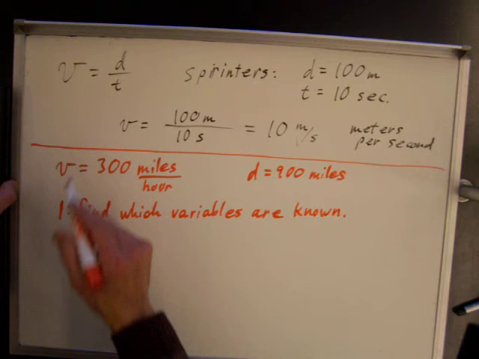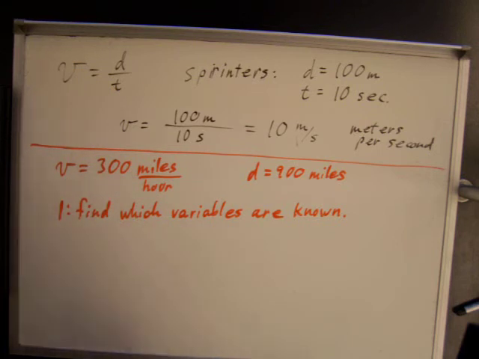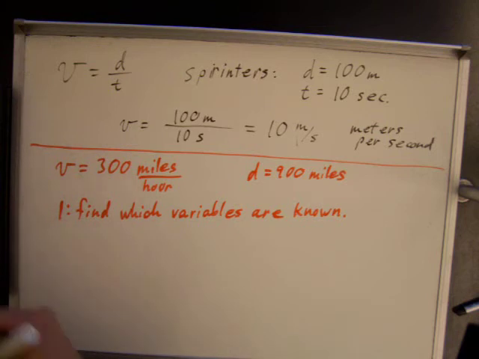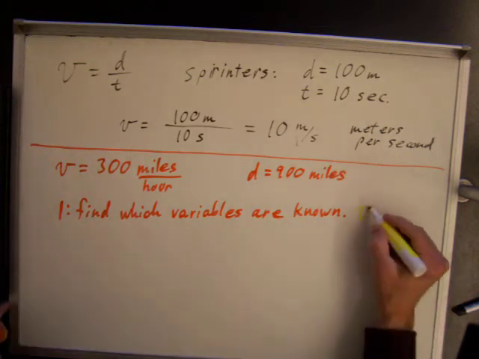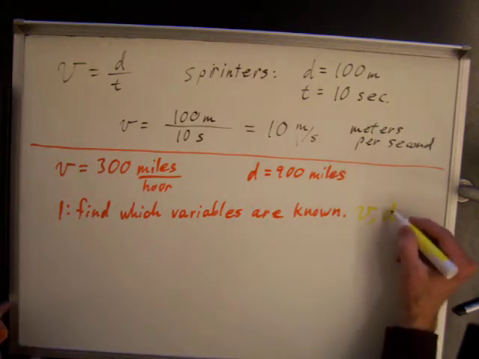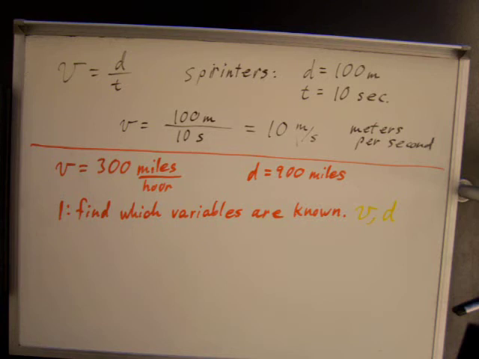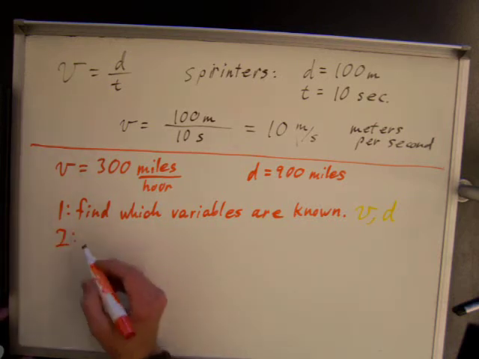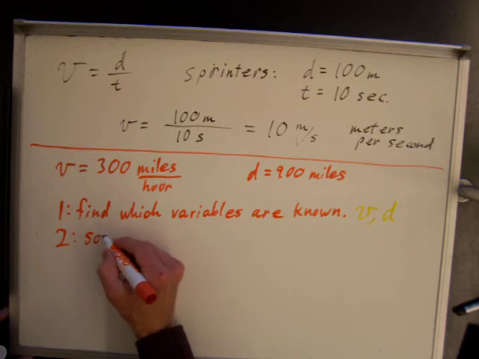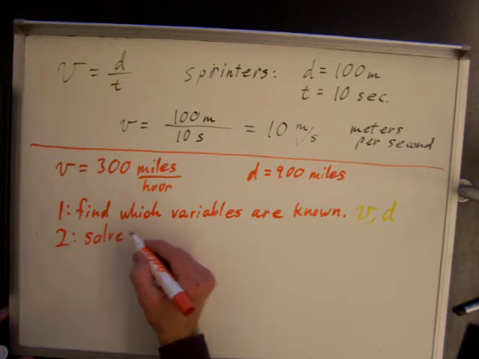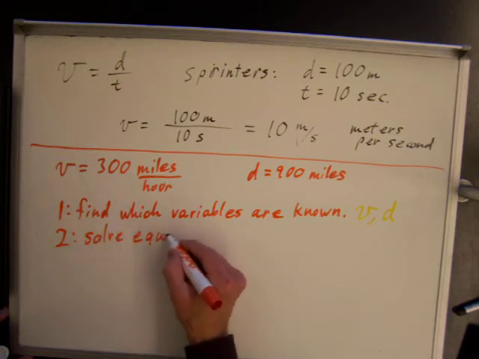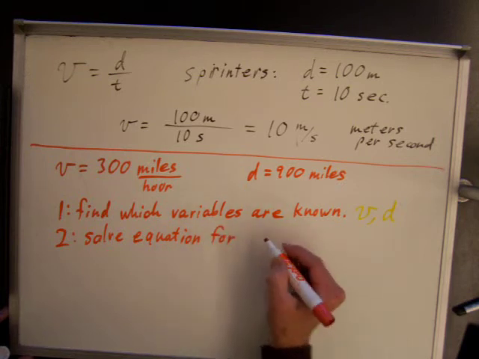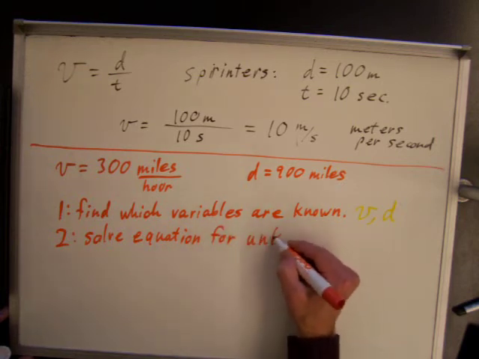In this case, the two variables which we know are velocity and distance. The second thing you need to do is solve the equation for the unknown variable.